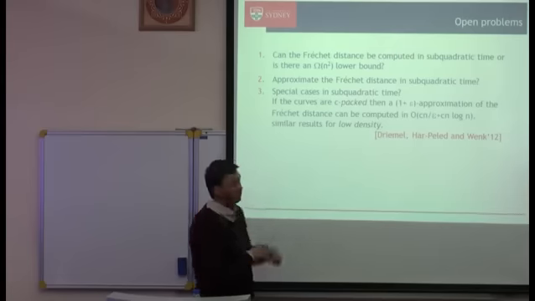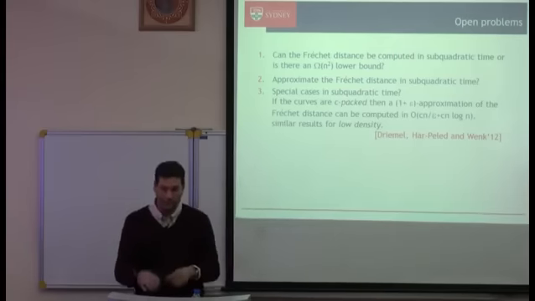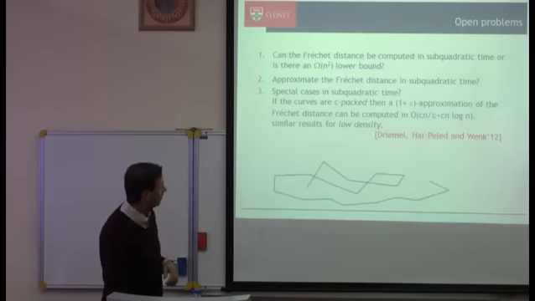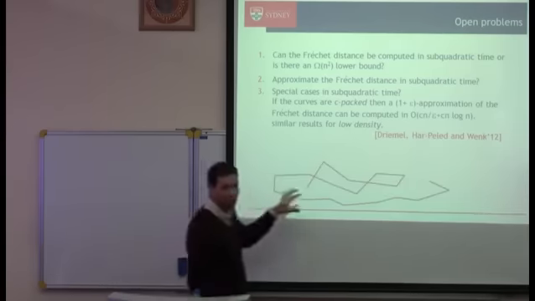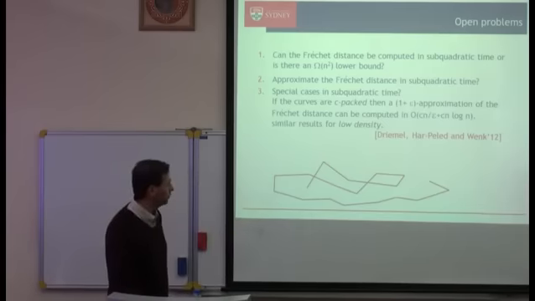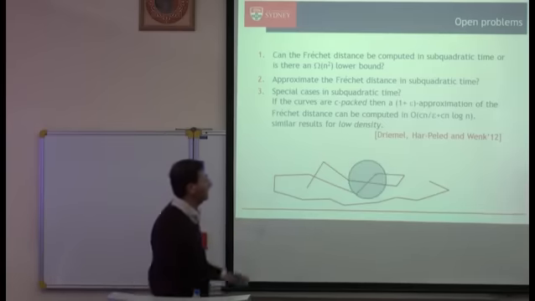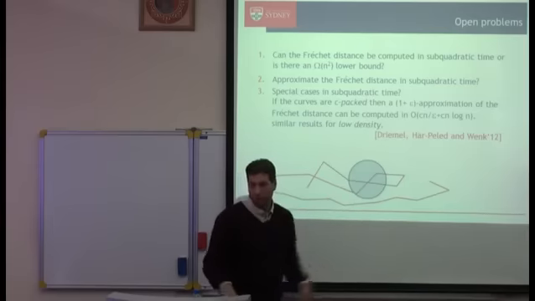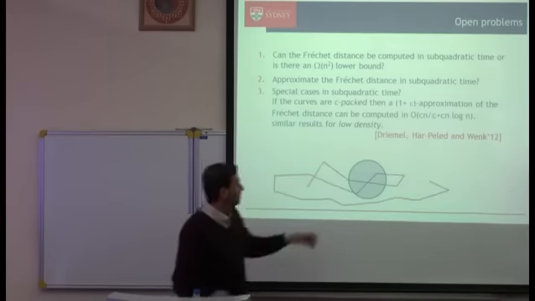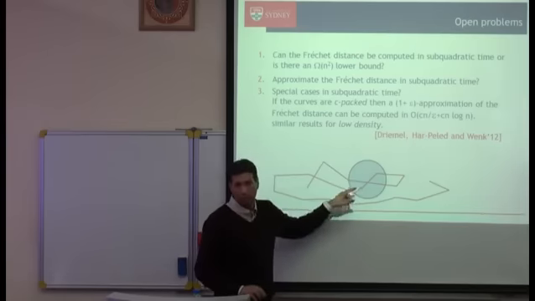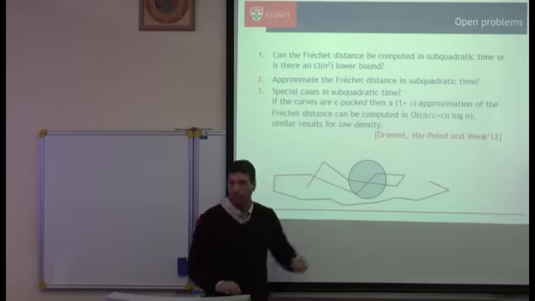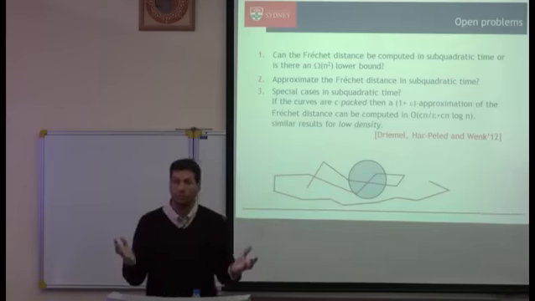So if you assume that the curve is c-packed, and what do I mean with c-packed? Say I have my curve, one of the two polygonal curves. Then I say for every ball B, if I look at the part of the path that lies within that ball, it's not allowed to be too big.